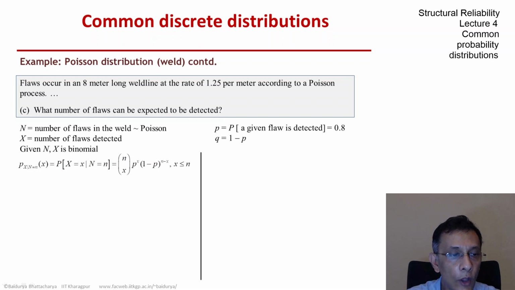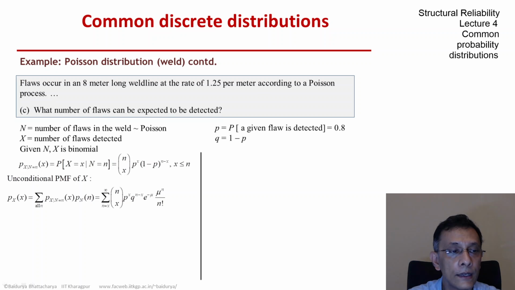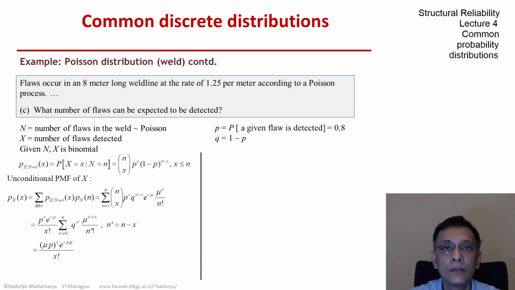Now I need the unconditional PMF of X. So for that I employ the theorem of total probability, just making sure, as we did in one other example earlier today, that the sum starts not from 0 but from x. And once I do appropriate substitutions, I come up with an expression that is very familiar.